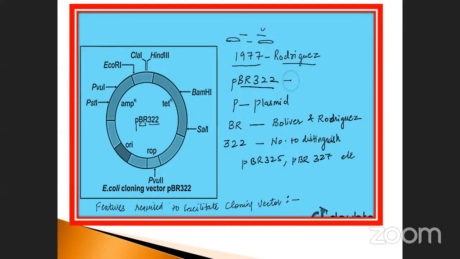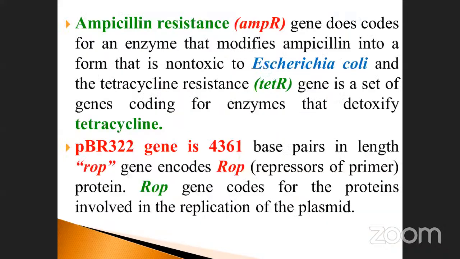Many of the plasmids have been reported in pBR325 only. Suppose 322 is not used, they used 325 instead. Don't forget, this is also one of the questions already asked in NEET, my dear.